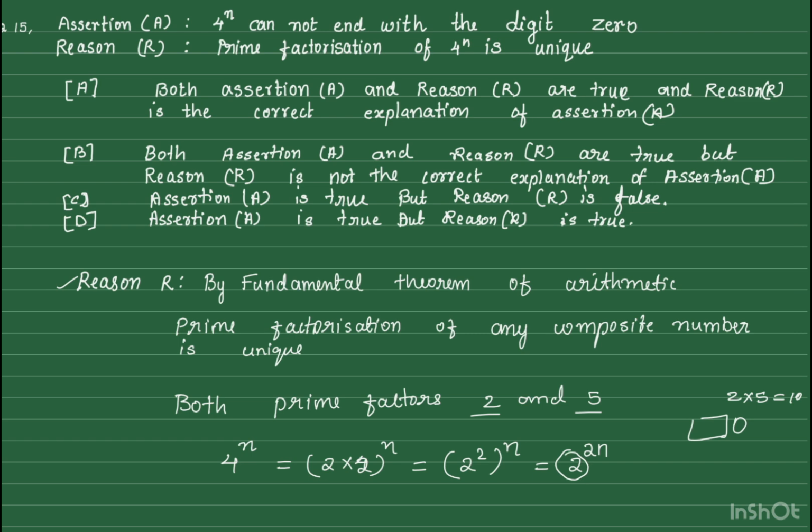That means the only prime factor in 4 raised to n is 2. That is, there is no 5 as a factor. That is, 4 raised to n cannot end with the digit 0. So the assertion A is correct.